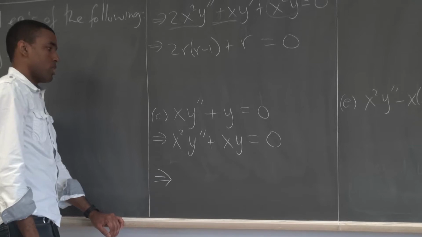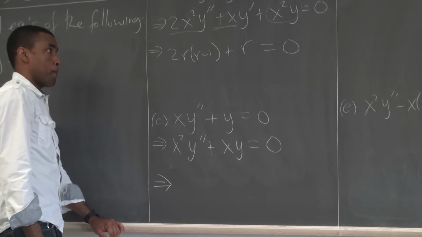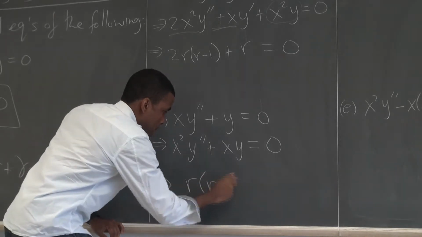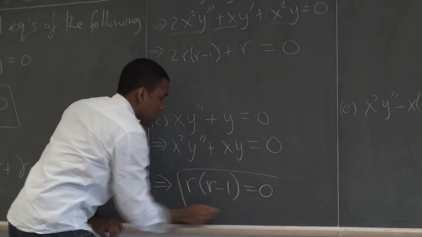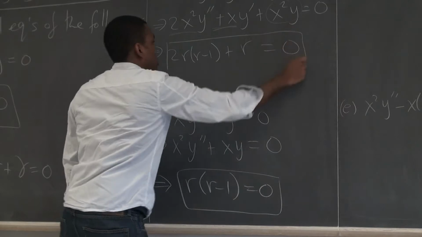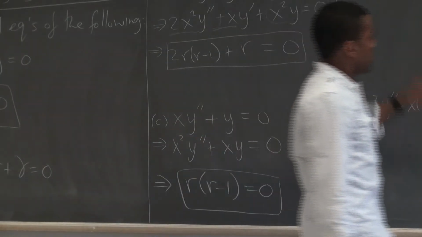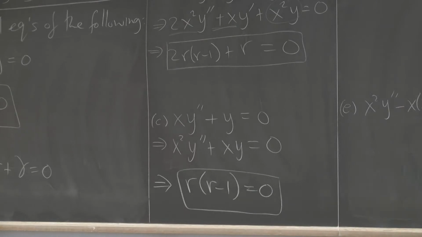What's the initial equation? 4 times r minus 1. That's the initial equation here. This one? Same thing.